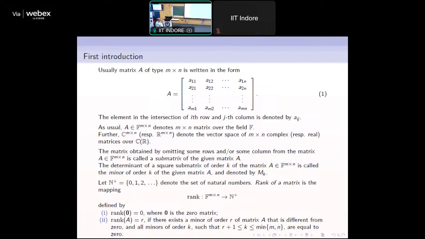The rank of an arbitrary matrix A is equal to r if there exists a minor of order r which is different from 0, and all minors of bigger orders are equal to 0. It means that matrix rank is equal to the order of the biggest non-singular minor.